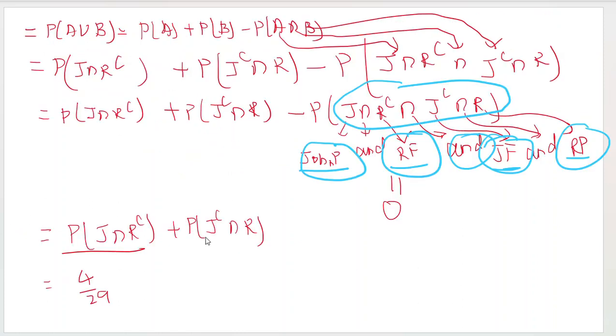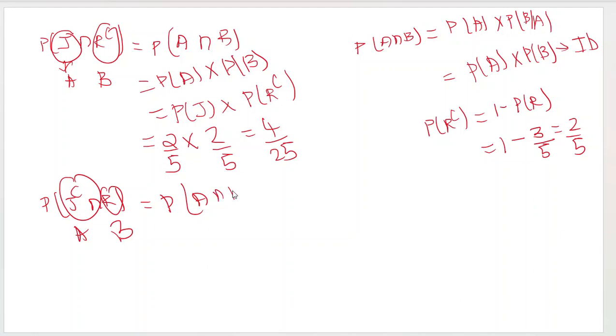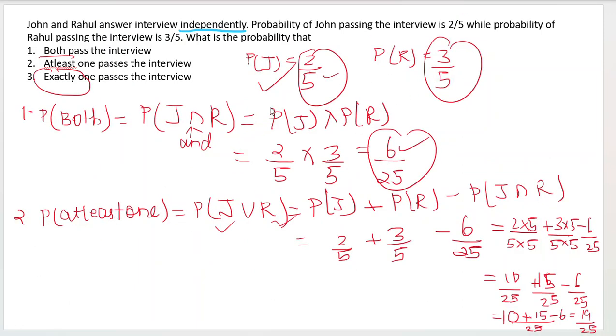Similarly, our job is to find P of J complement intersection R. So same idea we use. Consider this part as A, consider this part as B. We get P of A intersection B. Since they are independent, we use the formula P of A multiplied by P of B. Now we recollect that A is J complement and B is R. Probability of R is given in the question as 3 by 5, which we insert, but probability of J complement is not given to us.